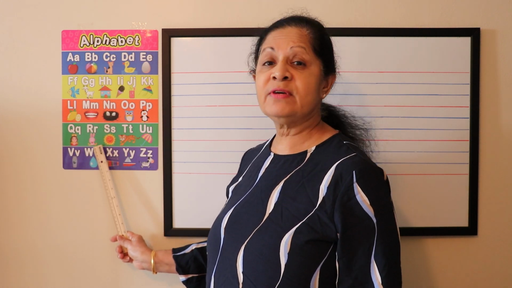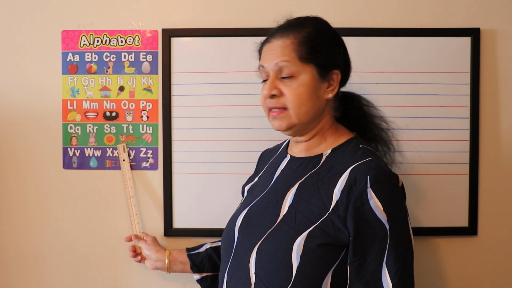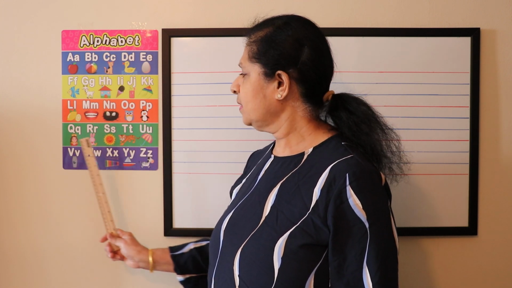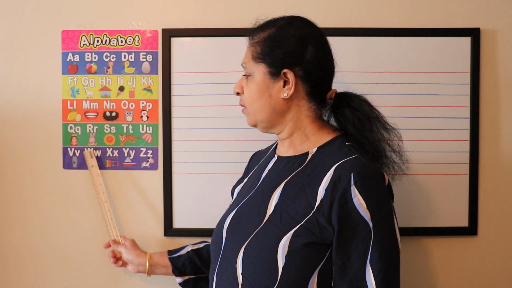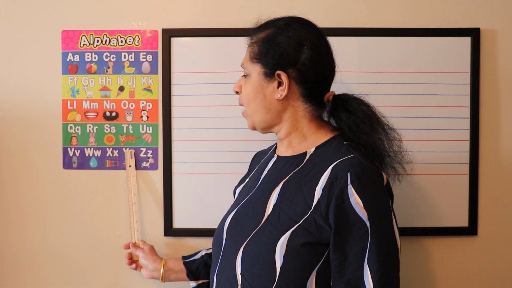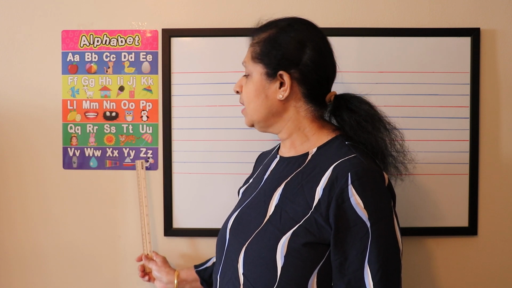S for sun. T for tiger. U for umbrella. V for vase. W for water. X for xylophone. Y for yacht. And Z for zebra.